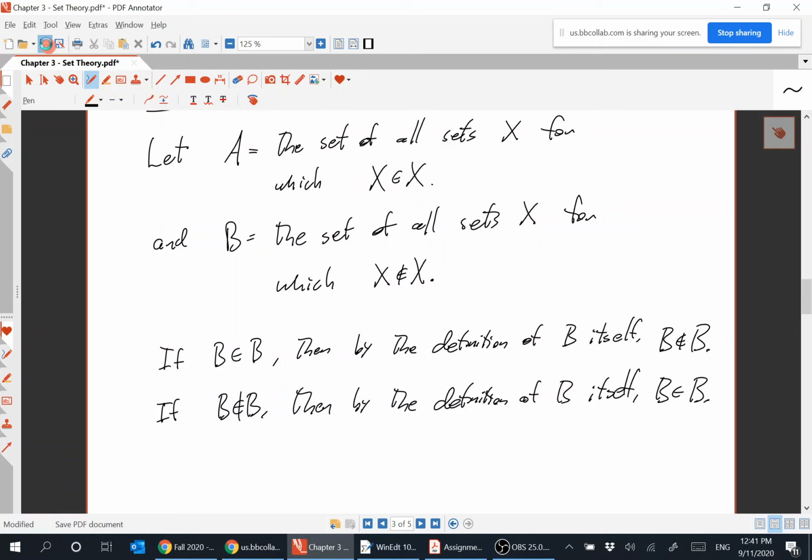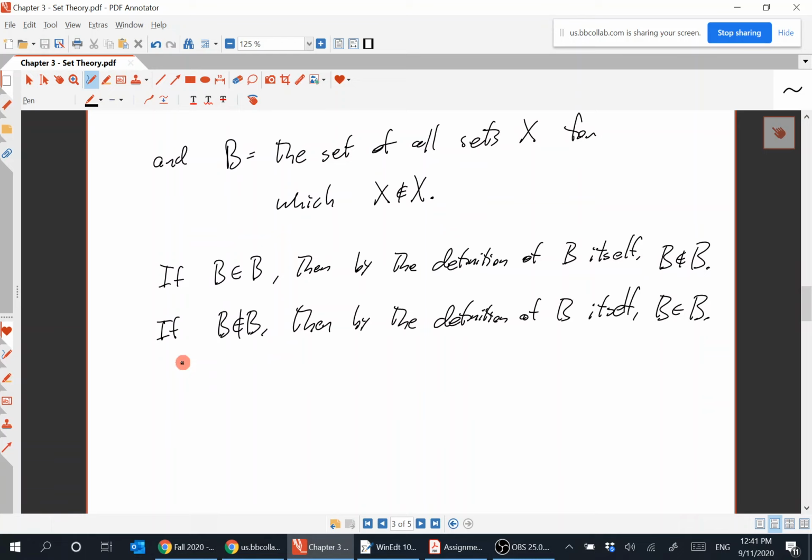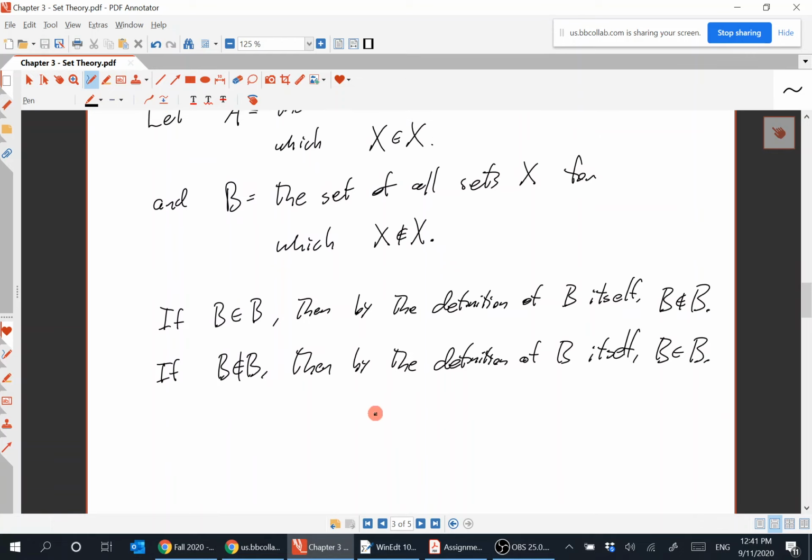So that's the paradox, right? Neither statement is consistent. Consistent means there's no contradiction.